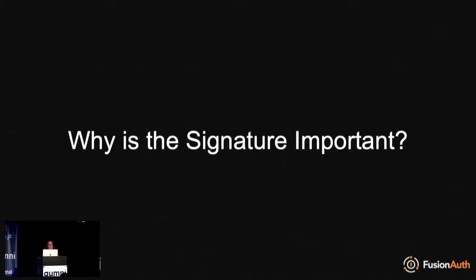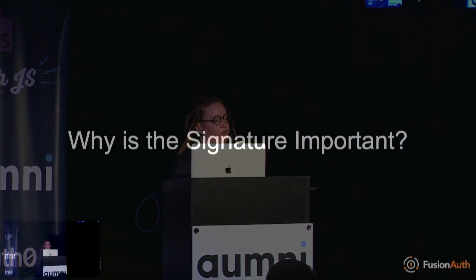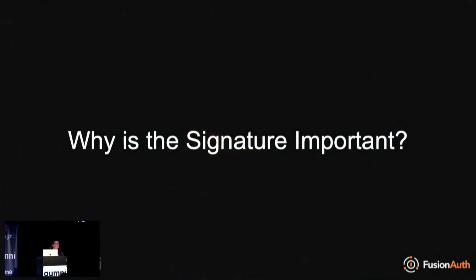Okay, so again, just want to go over this one more time. The signature is important because if someone messes with the payload of data, the signature only verifies that payload. So if someone has messed with it in transit, because they'll try, then the JWT will be invalid. For what it's worth, there are cases where people use JWTs and they don't sign them.